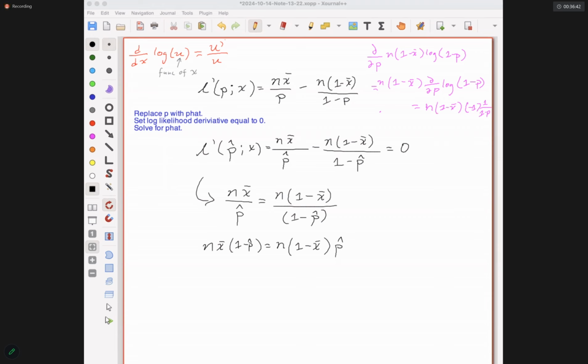Okay. So remember that I'm trying to solve for p hat here. So what is my next step?